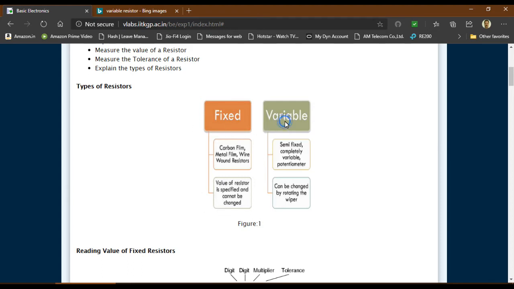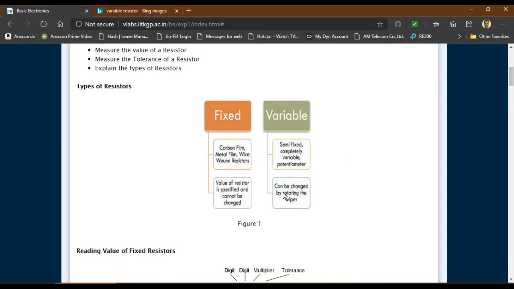Then another one is variable. In this category you will find semi-fixed, completely variable, and potentiometer types, and the value can be configured by rotating a wiper or shaft.